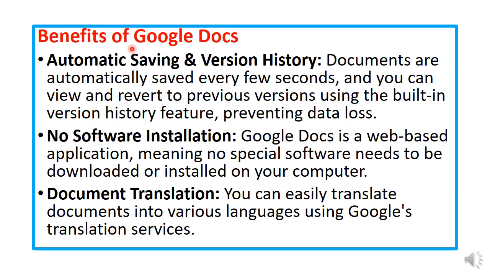Next, automatic saving and version history. What does it mean? In Microsoft Office Word, when someone is creating a document, she or he has to save the work on a computer hard disk drive. Sometimes when the hard disk drive is not working properly, you can even lose your documents. But here, you do not need to save.